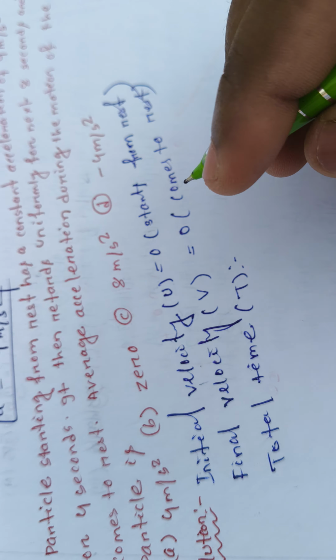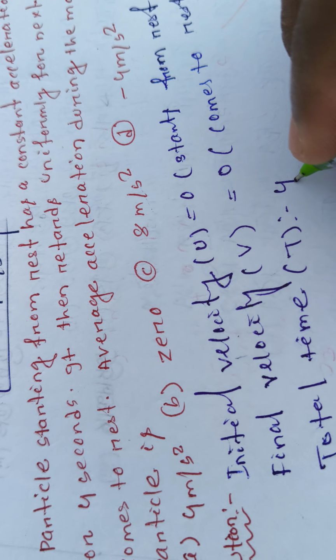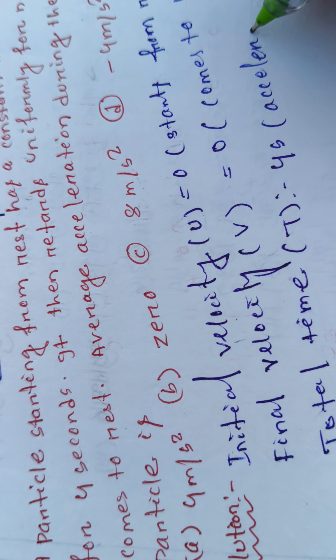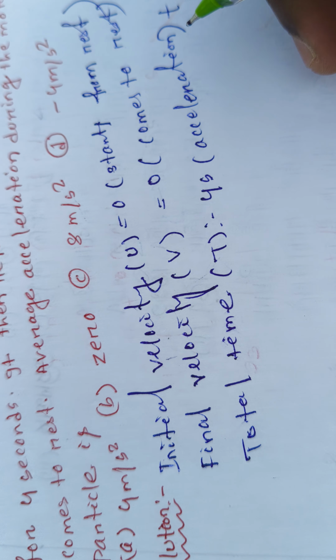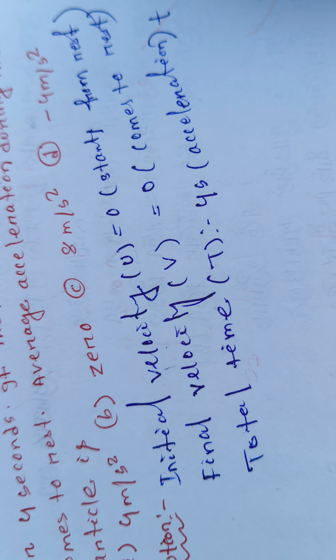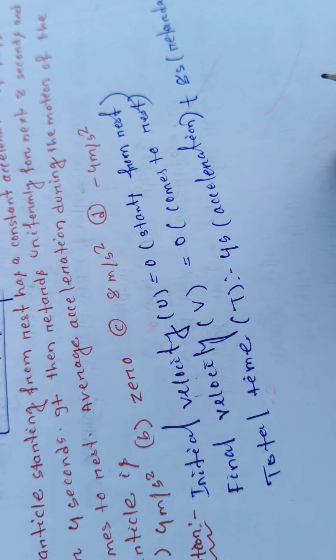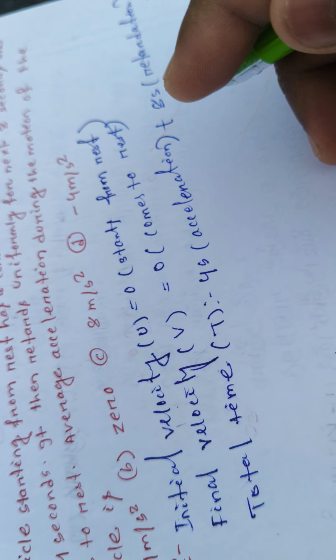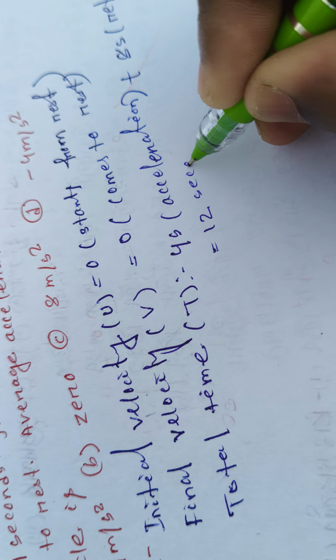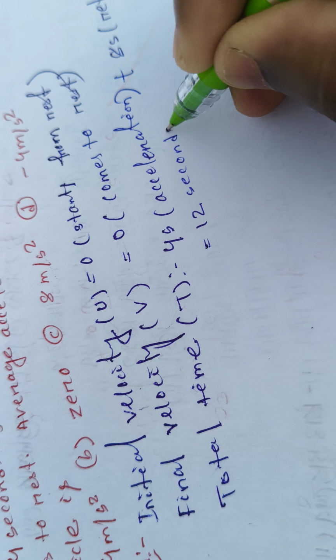Time of acceleration is equal to 4 seconds, plus 8 seconds, here 8 seconds means retardation. So total time is equal to 12 seconds.